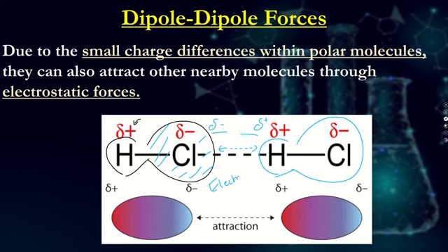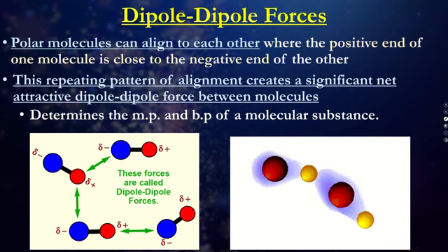You might remember this type of force. We call this electrostatic. So positive charges want to go to negative charges. In this case, we have a partial charge wanting to attract to another partial charge. So it kind of migrates across like that.